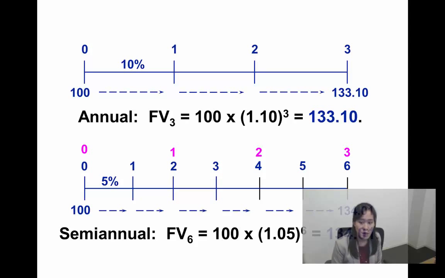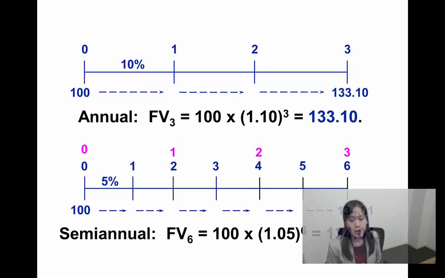Now, what happens if this $100 is compounding semi-annually? So instead of compounding 3 times over 3 years, it's compounding 6 times over 3 years. Well, instead of doing it at 10% a year, we can think of it as compounding semi-annually at 5%. And so what we can do is calculate the future value in this scenario.